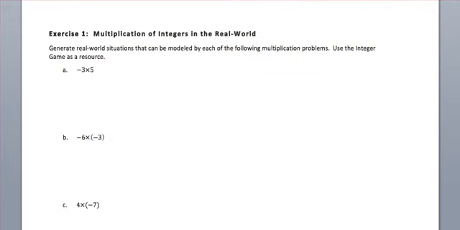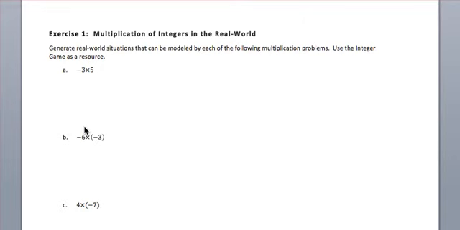And so finally, in our exercise, we're going to think of real-world situations that can be modeled by each of the multiplication problems. And we can use the integer game as a resource to help us. Negative 3 times 5 could be that I lost 3 $5 bills. Negative 3 showing a 3-time loss of $5.